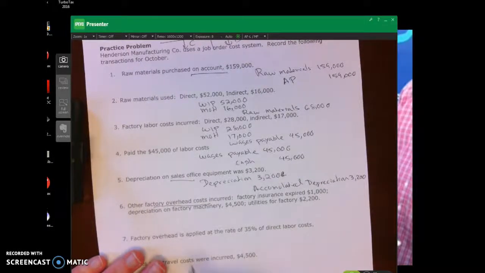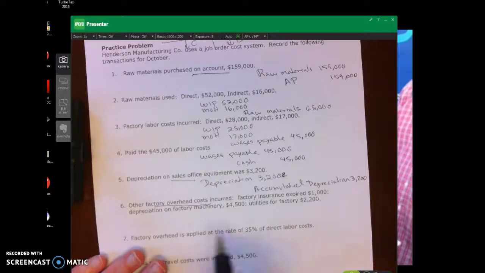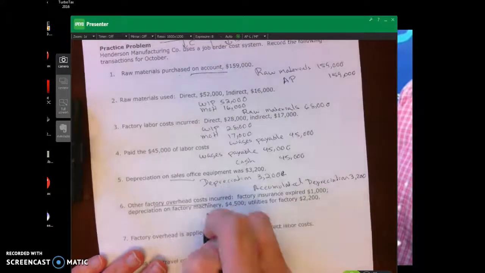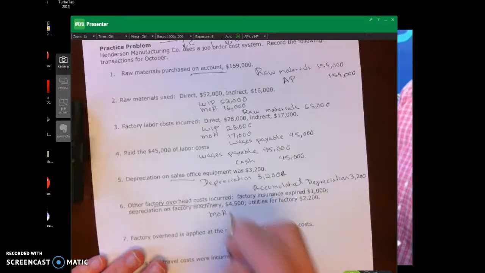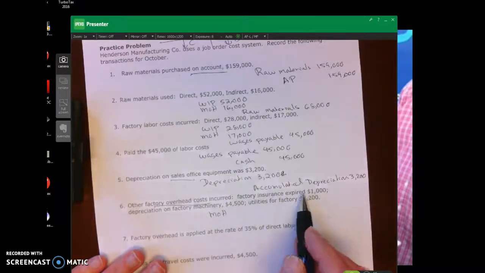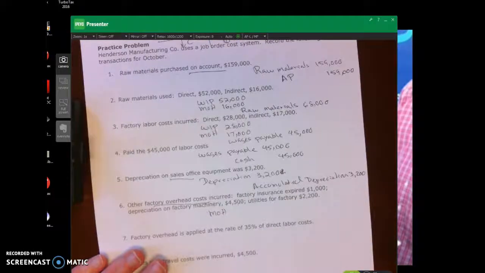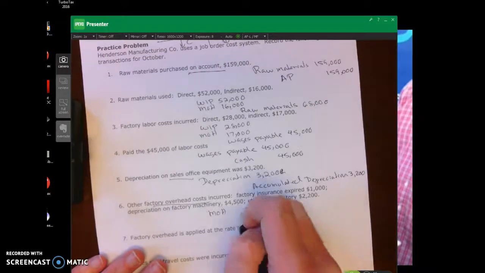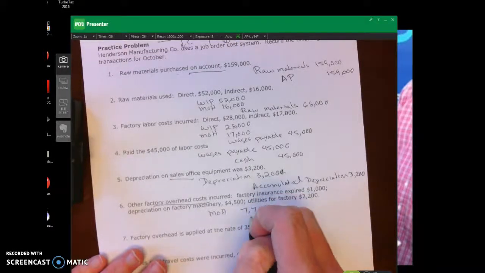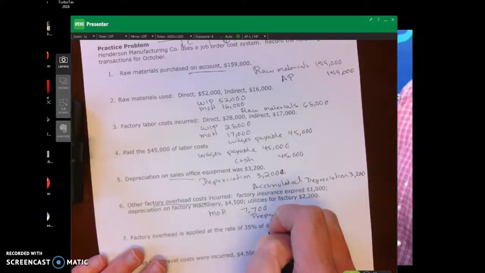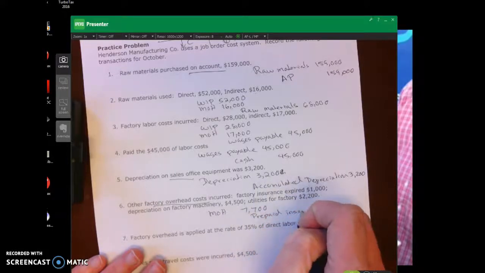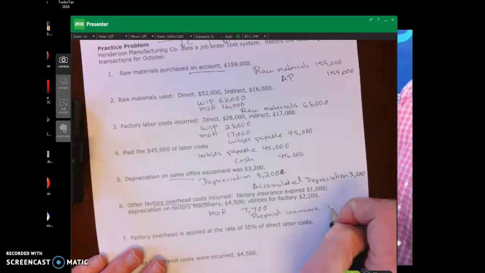Okay, journal entry. Other factories. So let's look at this one. I'm going to debit WIP for all of these. I'm going to add up all of these. These are all overhead expenses, so I'm going to add up all those. And when I add them all up, I get $7,700. I'll credit prepaid insurance for $1,000.